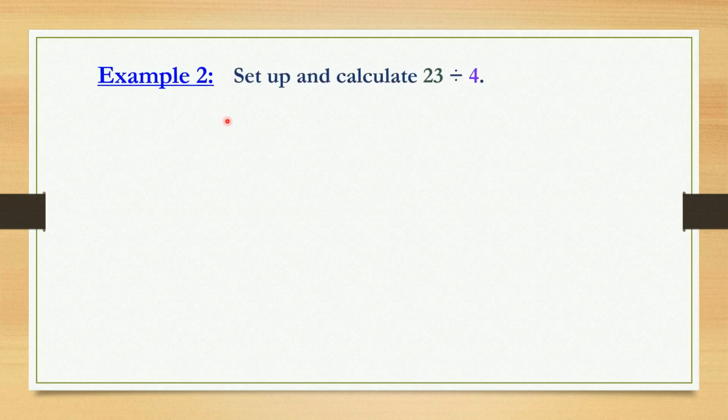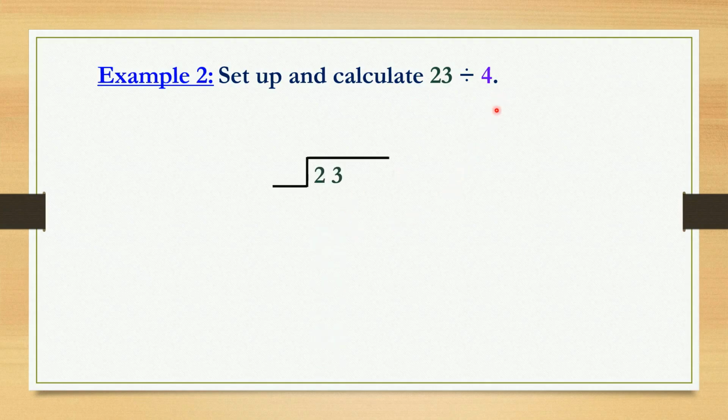Example 2. Set up and calculate 23 divided by 4. So 23 is the dividend, we write it to the right, and 4 is the divisor. Now let's start. 23 is not a multiple of 4. We have 20. 4 times what equals 20? It's 5. We write 5 in the quotient.